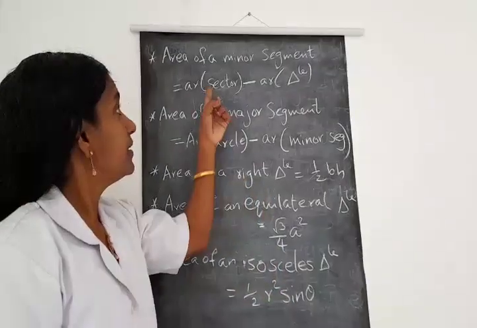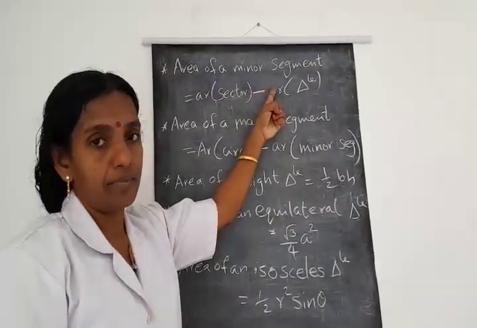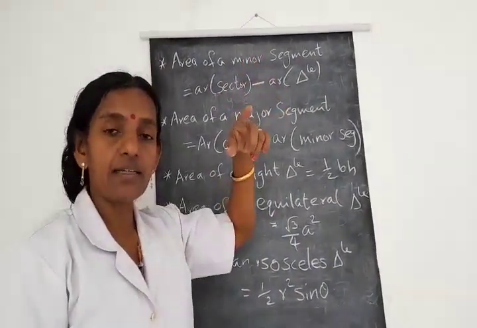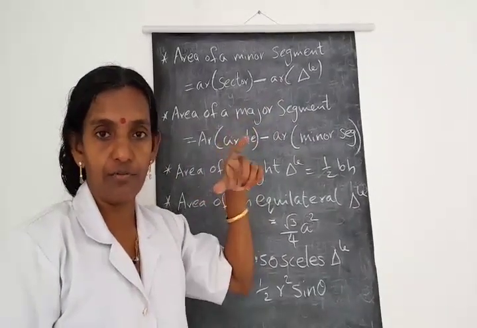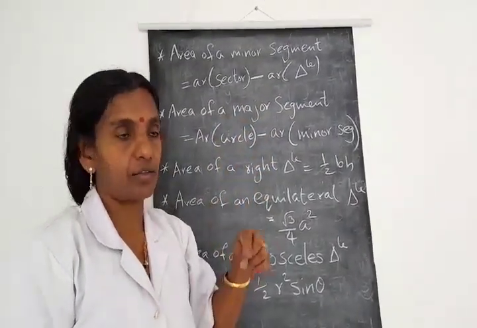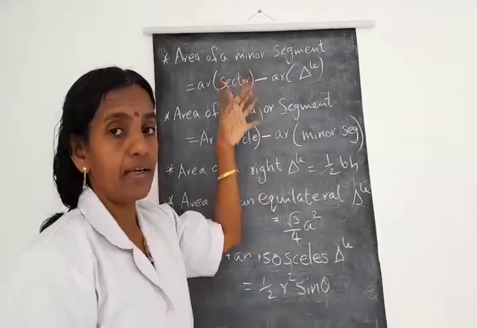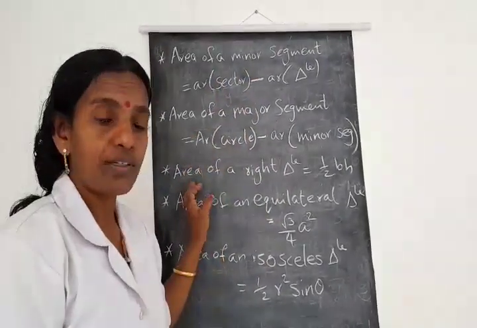Next formula, area of a minor segment. For sectors also, minor sector and major sector, both formulas are the same. We can use the same formula, theta by 360 into pi r square. Here it is minor segment and major segment. Segment, you know, what is a segment?